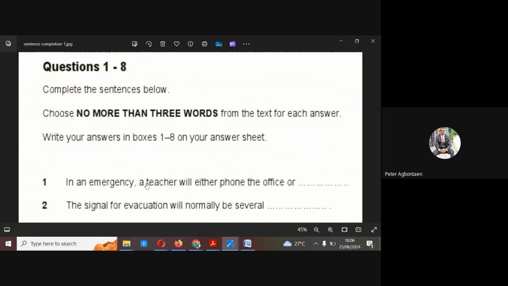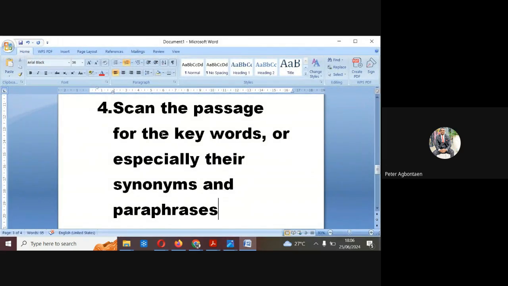So you go to the passage and look for emergency, you look for teacher, you look for phone, you look for office, because that is what will let you know what is missing. But remember, I said scan the passage. I didn't say read the passage, because when you scan, you are looking for something definite, something specific, something in particular.